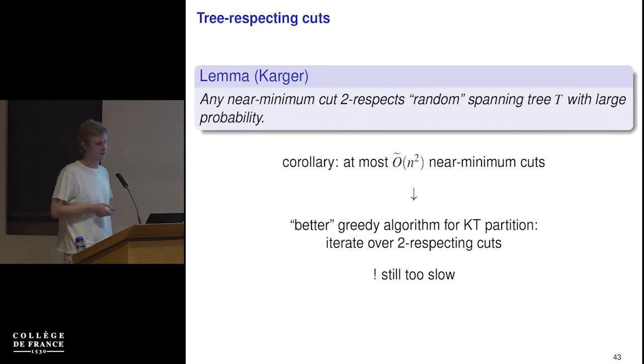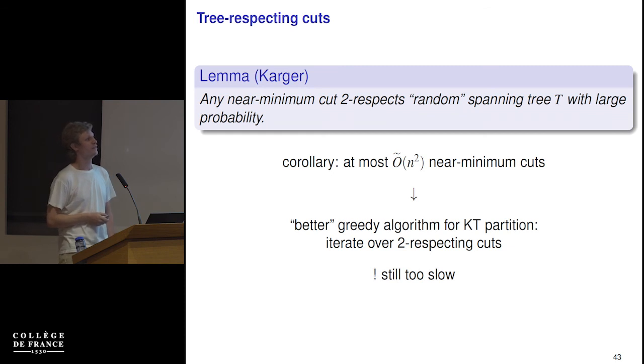Because obviously, we want something that scales with the number of edges in the graph rather than n squared, and any approach that follows this line will necessarily scale with n squared. So what we do instead is we notice the following.